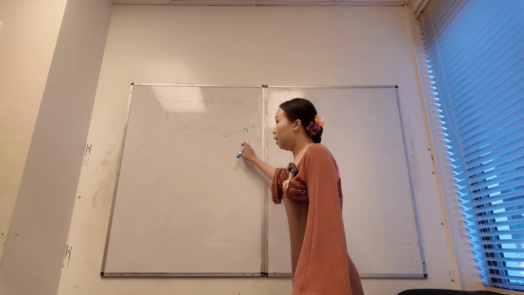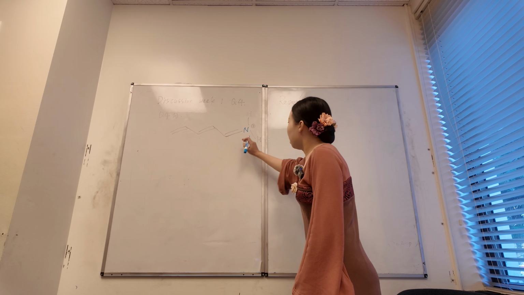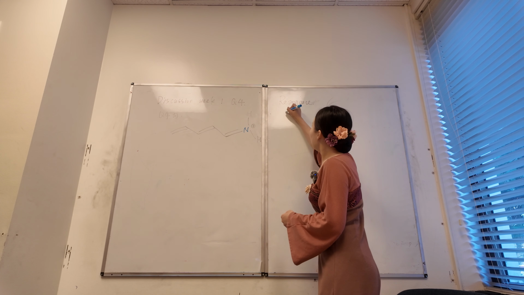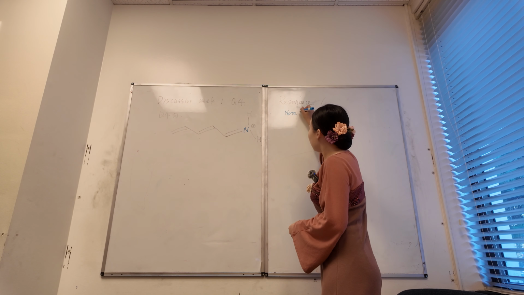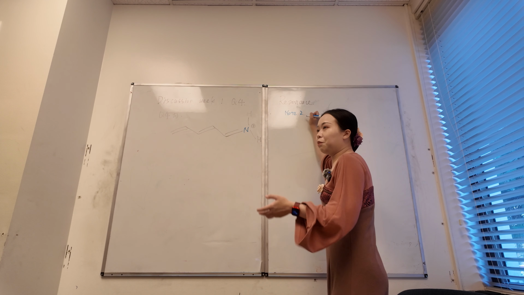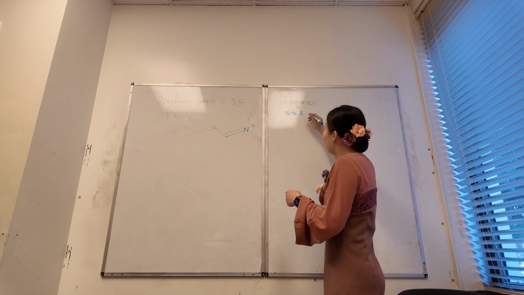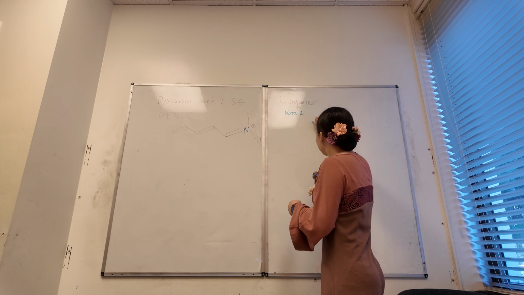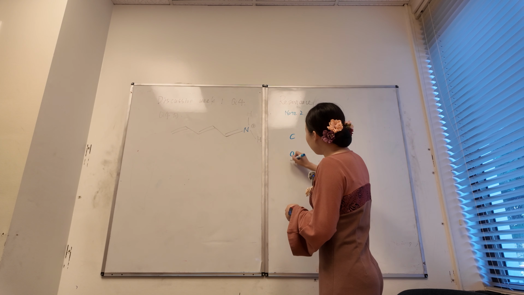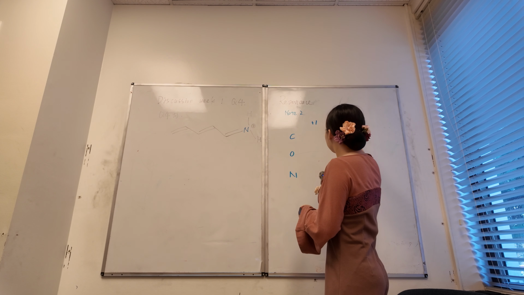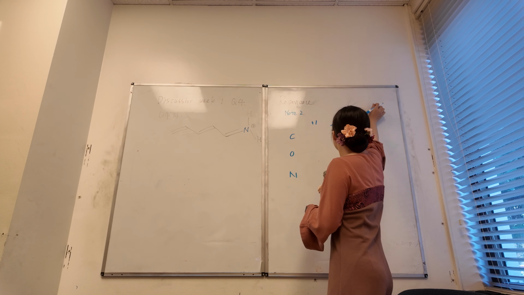On my notes 2, if you're here for the first time, there is a chart with carbon, oxygen, nitrogen, with 0 and a negative 1.